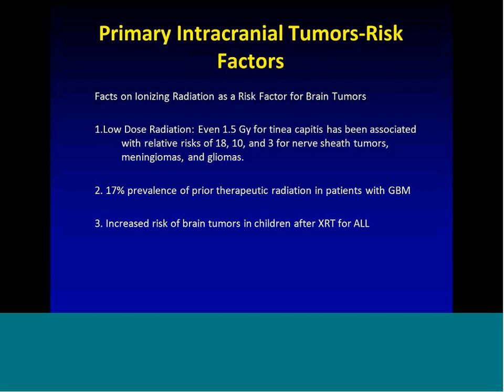Then I have a lovely woman who had a birthmark right here, and her mother had radiated it when she was a child. Right under that birthmark, she has several lesions of glioblastoma. Interestingly enough, her first husband also died of glioblastoma. Those are two that I know are definitive.